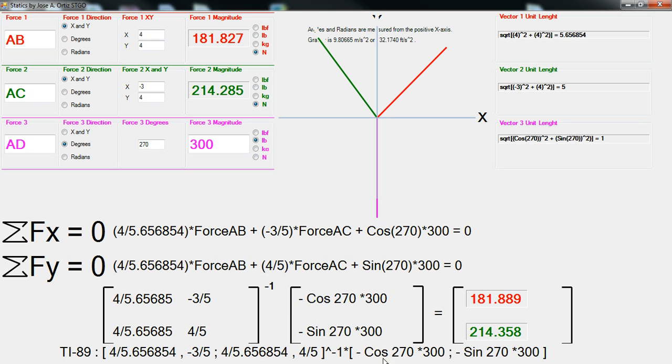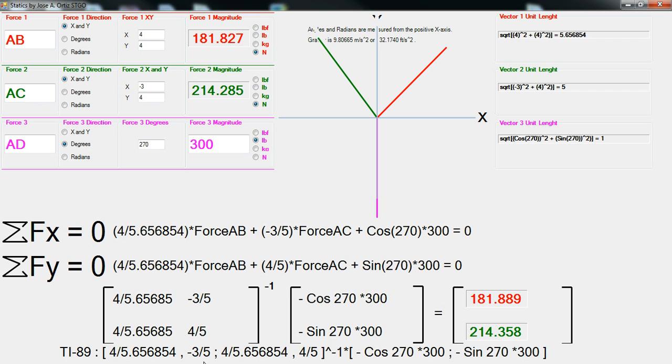The first row of this second matrix is negative cosine of 270 times 300, which is basically 0, so you can put 0 there. And then to enter the second row for this second matrix, you enter negative sine of 270 times 300, which should be 300.